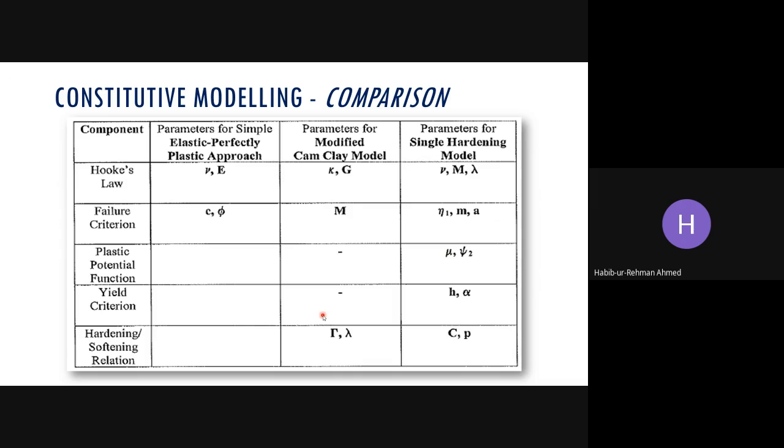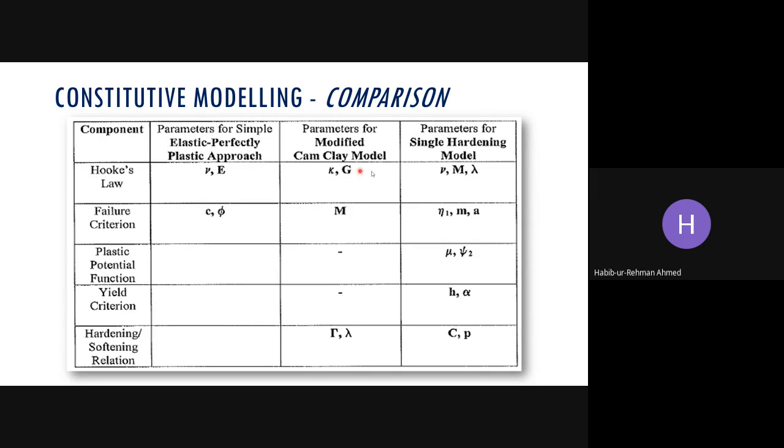I have given you just the nomenclature, like yield criterion, strain hardening law, strain softening law, failure criterion. But how do they look like? I'll show you how they look and how many parameters are usually required to define a good constitutive model. So you can see here a comparison of 3 models: the elastic perfectly plastic approach, which is Mohr-Coulomb.